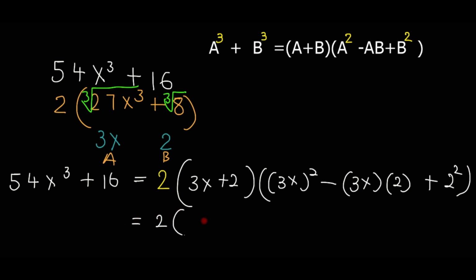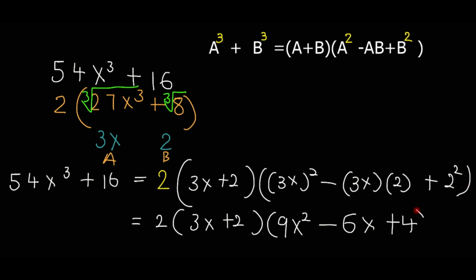This is 2 at 3x plus 2, and then 3x squared, this is 3 squared irfa 9, and then x squared irfa x squared, and then rabale minus 3x times 2 irfa 6x, and then 2 squared irfa 4. So this is our final answer.